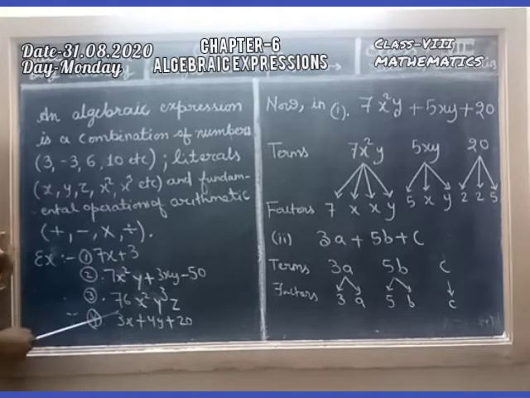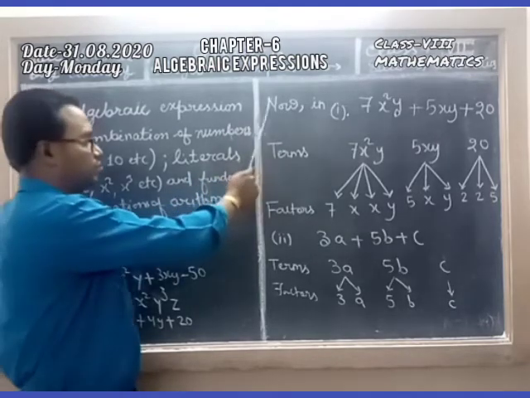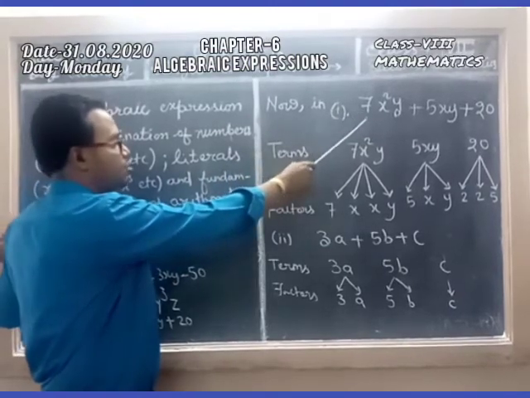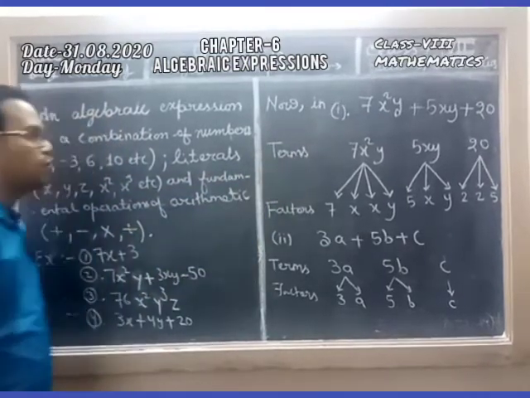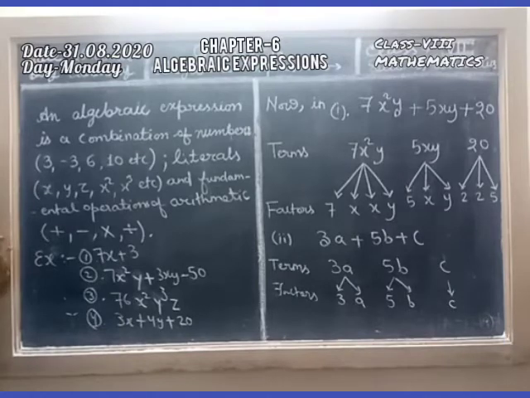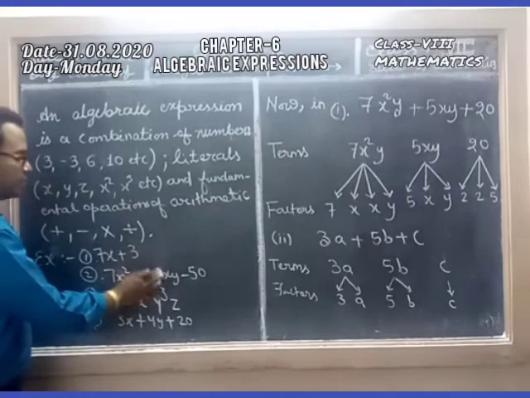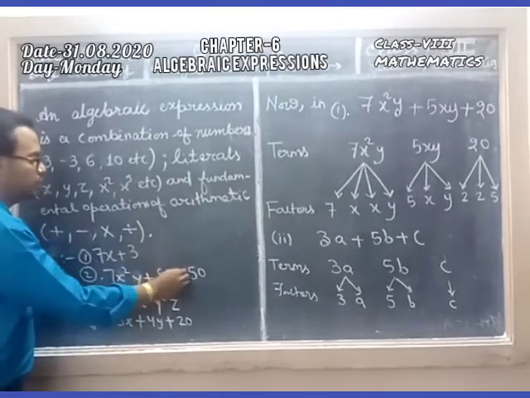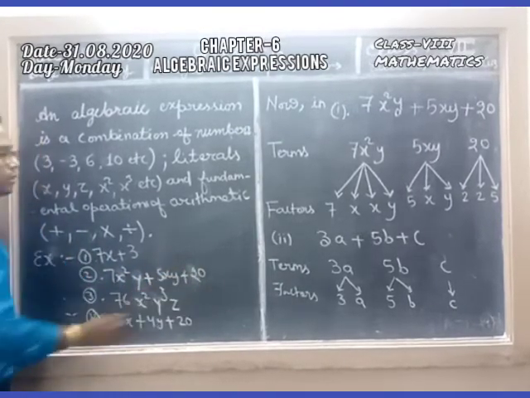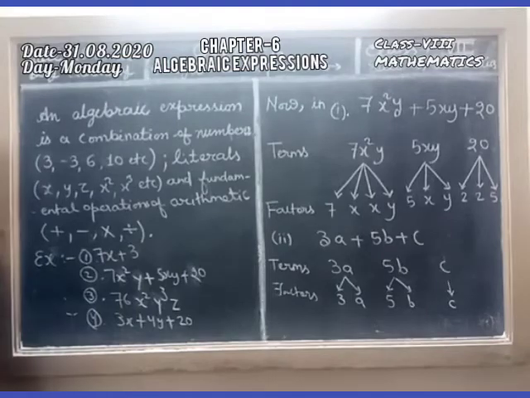Now, what is a term, variable, constant, and its factors? So we take the first example: 7x square y plus 5xy plus 20. I also write this as 5xy plus 20. Right? Take this example. Clear?